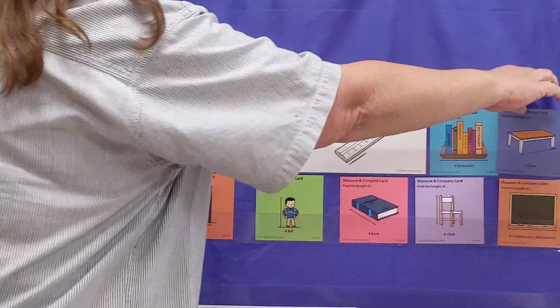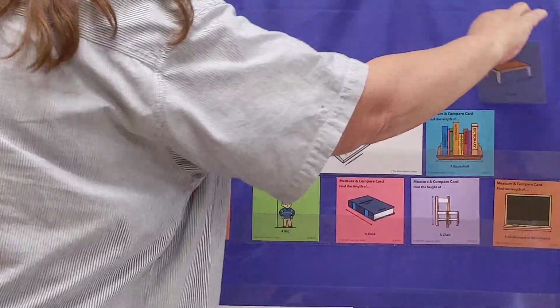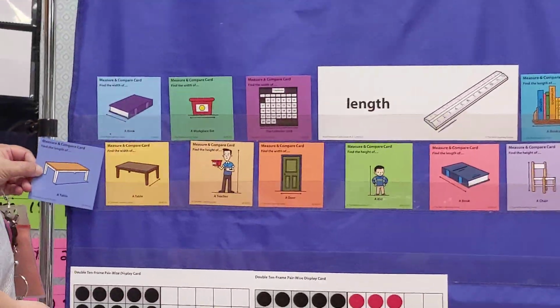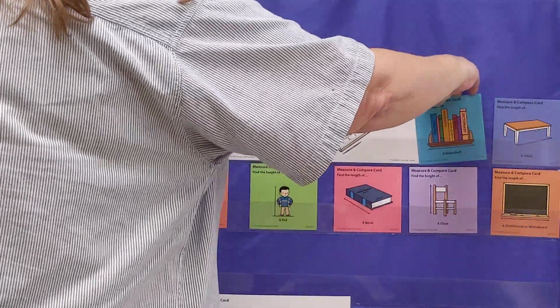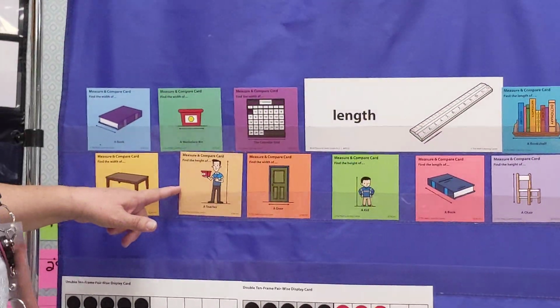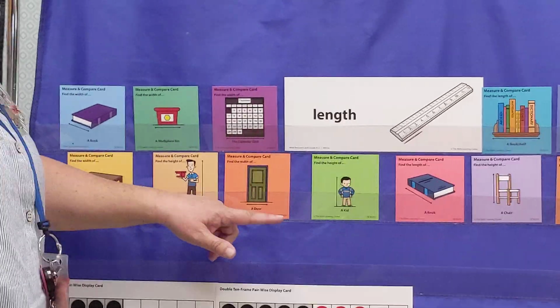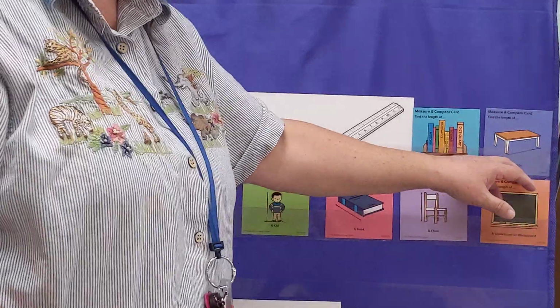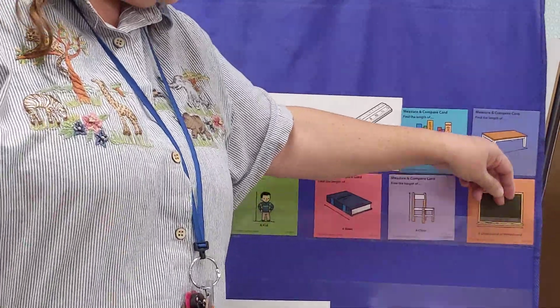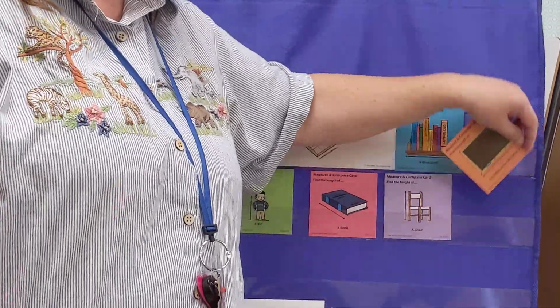Let's see, that one says table, this one says a table. So we have two different types of tables that we're going to measure. A teacher, oh my goodness, you guys get to measure me, a door, a kid, a book, a chair, and the blackboard. We do not have a blackboard in this classroom, but we do have a whiteboard.